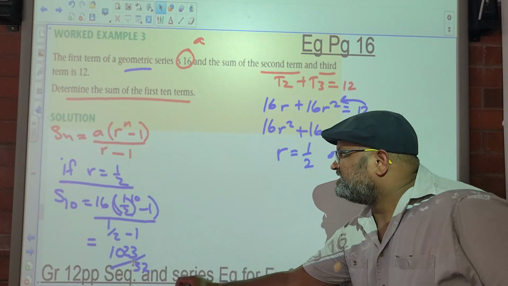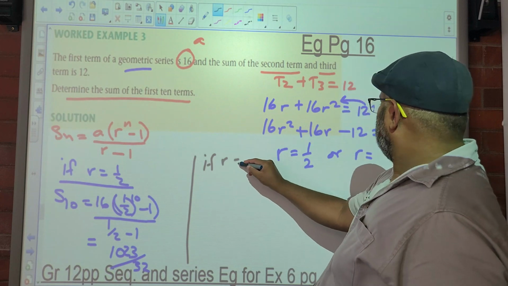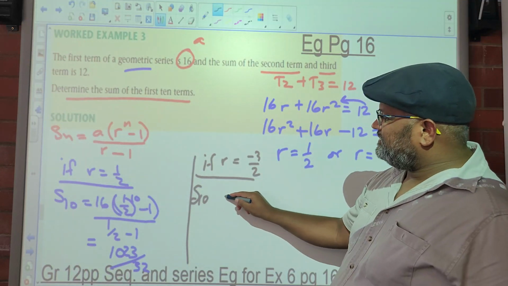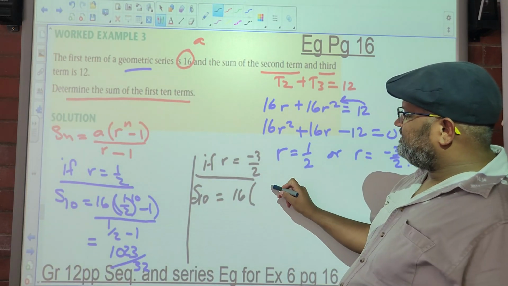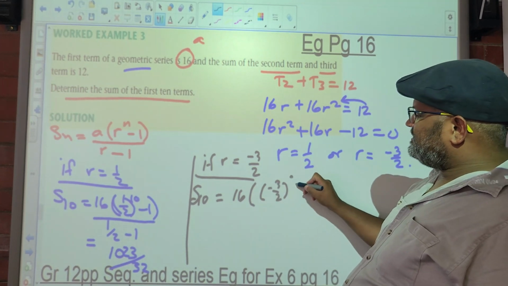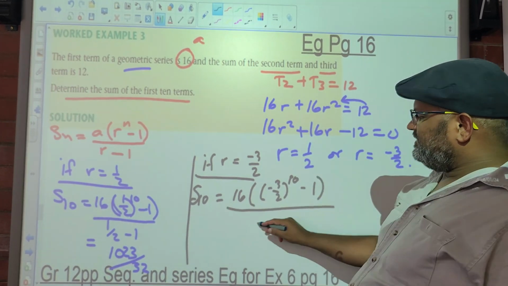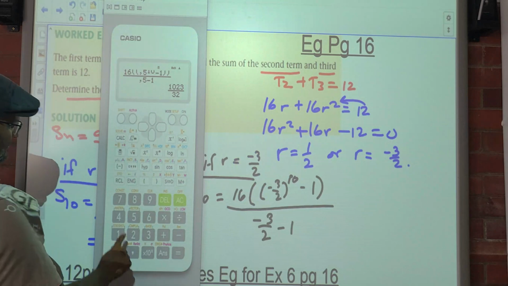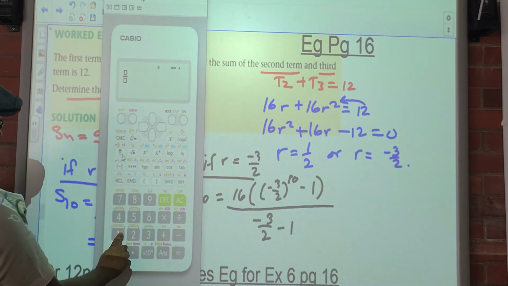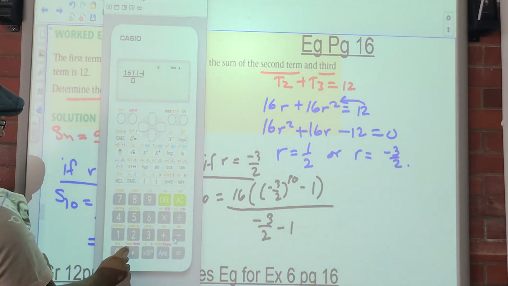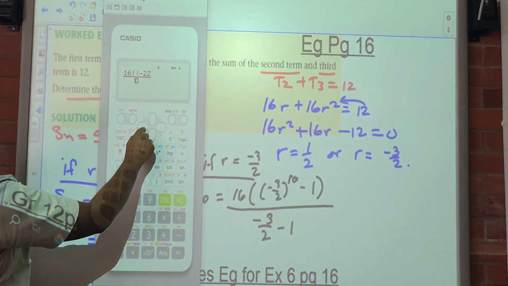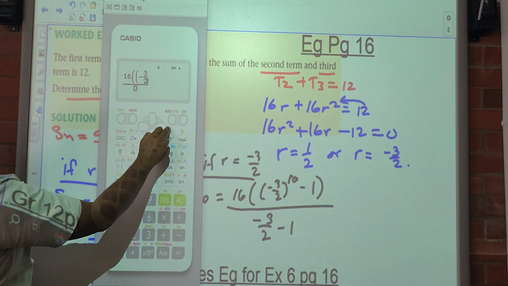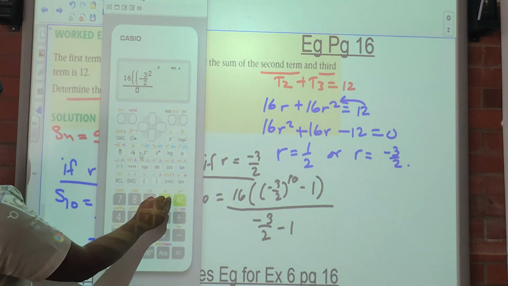On the other hand, if r is negative 3 over 2, your formula would now read S10 is equal to A, which is 16, into negative 3 over 2 to the 10 minus 1 over negative 3 over 2 minus 1. Plug that in the calculator.